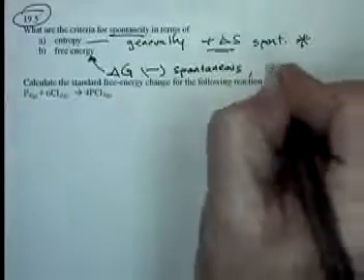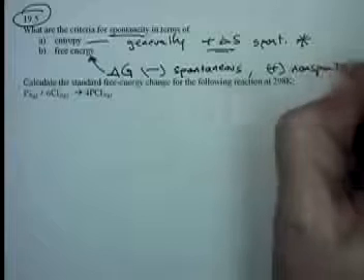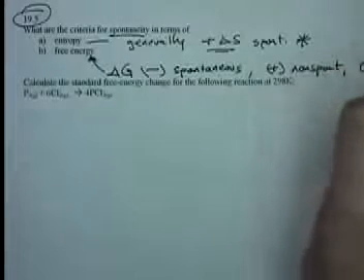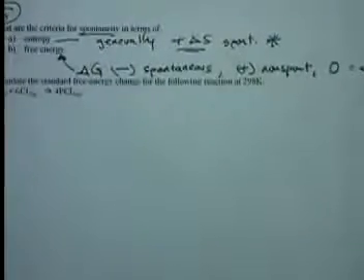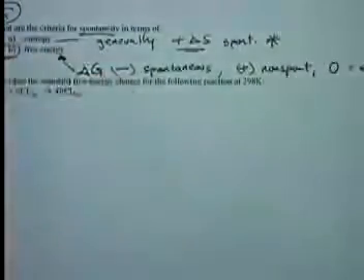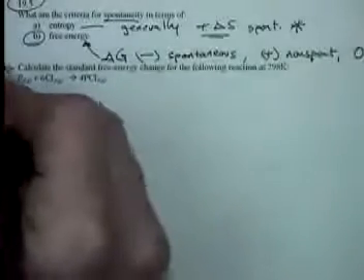A positive free energy means that it is non-spontaneous. And of course, if it's 0, that means we're at equilibrium. So in terms of positives and negatives, that's what it means. The free energy is the one that really tells us whether something's spontaneous or not. And if we can calculate the free energy, we can find out if there will be a reaction or not. And that's our next sample problem.